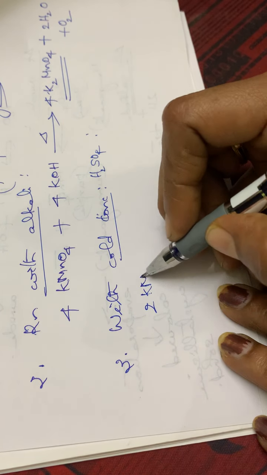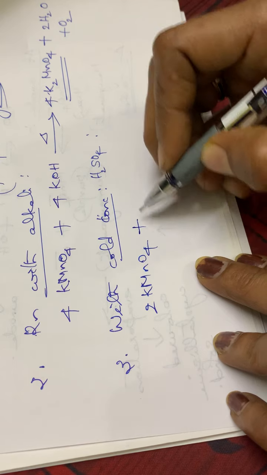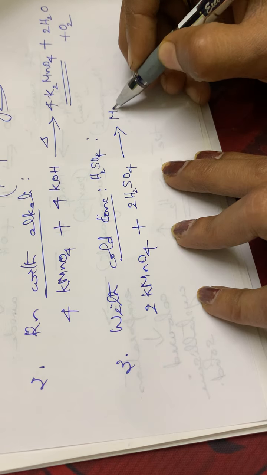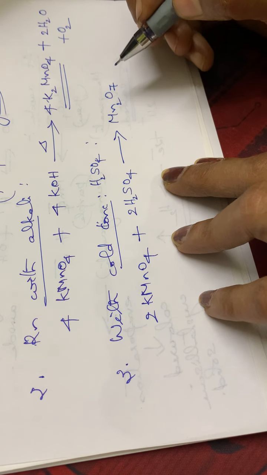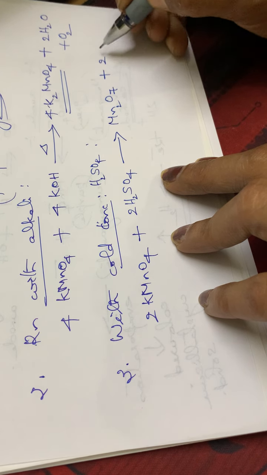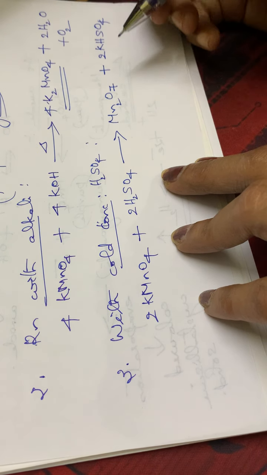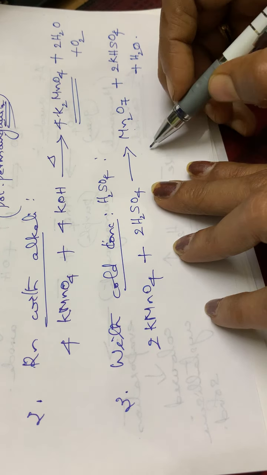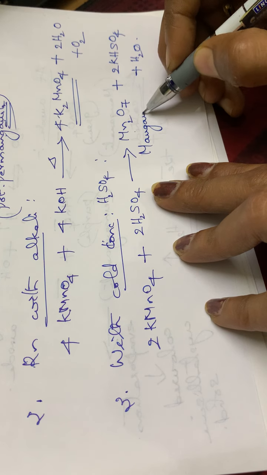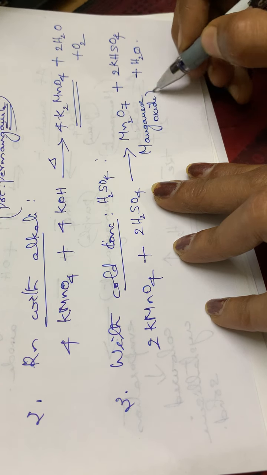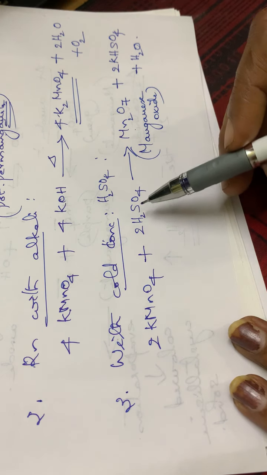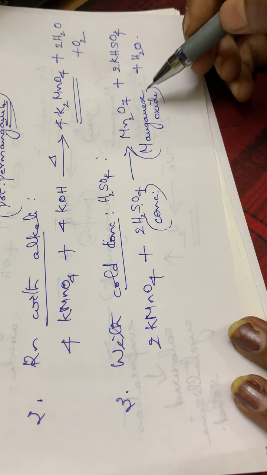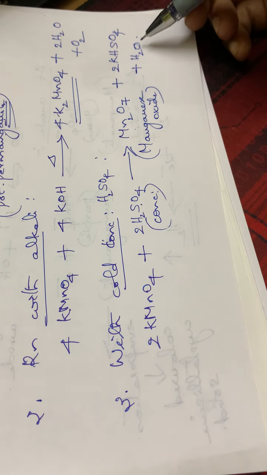That means potassium permanganate on reaction with H2SO4 giving the products will be Mn2O7, that is manganese oxide, plus potassium bisulfate 2KHSO4 plus H2O. So KMnO4 plus cold concentrated sulfuric acid, we will be having manganese oxide plus potassium bisulfate plus water.